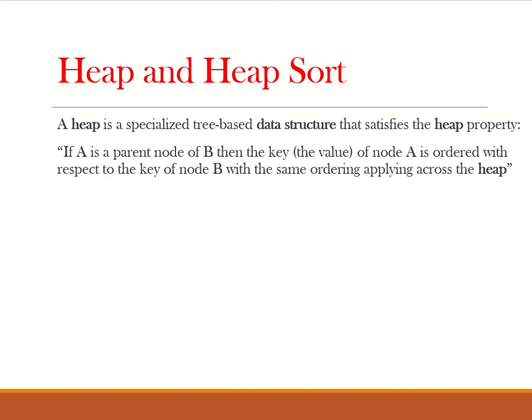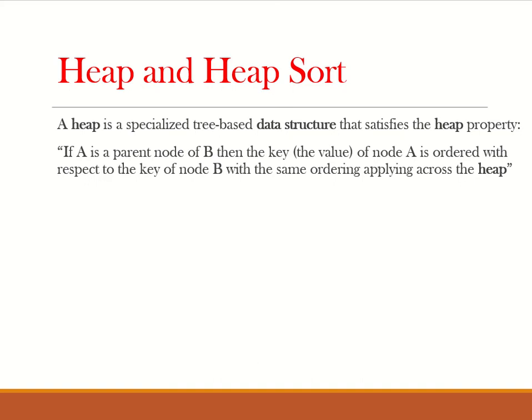The heap property says that if A is the parent node of B, then the key value of node A should be ordered with respect to the key of node B, with the same ordering applied across the heap.